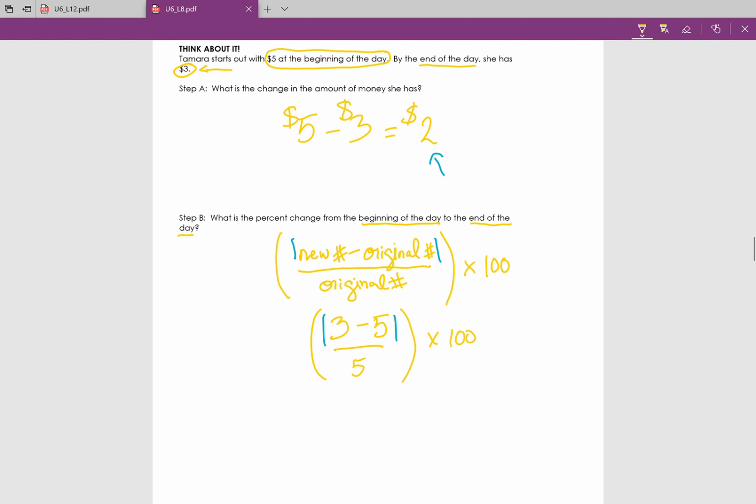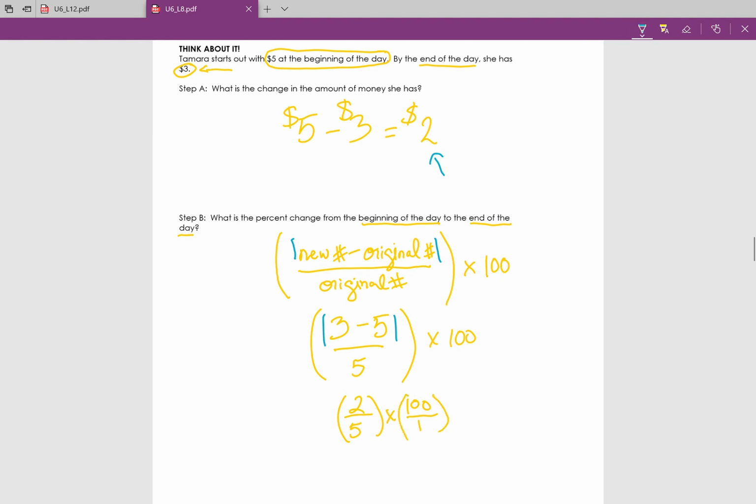Now we have 3 minus 5, which is negative 2. But since we're taking the absolute value of it, I'm just going to write 2. 2 over 5 times 100. And y'all know I really like working with fractions, so I'm just going to put this over 1 and cross simplify.